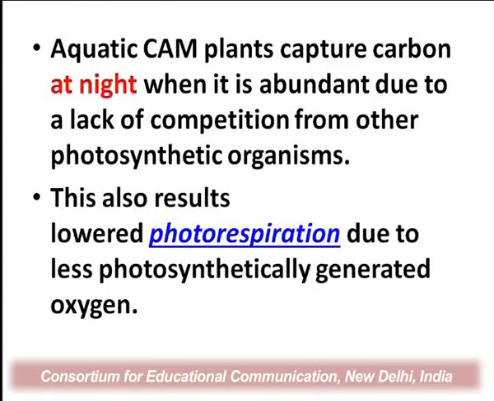What happens is that during night photosynthesis stops and all the aquatic life is respiring as it was during daytime, but now there is no photosynthesis and more and more carbon dioxide is being dissolved in water. So these aquatic plants utilize this abundant carbon dioxide because there is hardly any competition from other photosynthetic organisms, and in the bargain the photorespiration also is lowered because there is no photosynthetically generated oxygen.